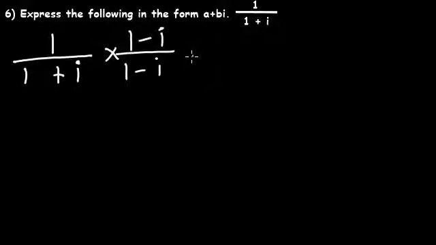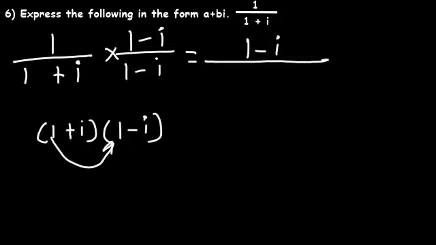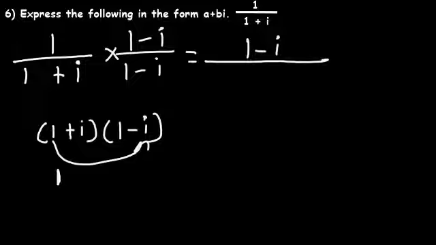So let's begin expanding. 1 times this entire expression gives us back 1 minus i. Now for the denominator, what I like to do is put them within parentheses. It's very easy to get the expansion. 1 minus i times 1 plus i. So 1 times 1 gives us 1. 1 times positive i gives us positive i. Negative i times 1 gives us negative i.